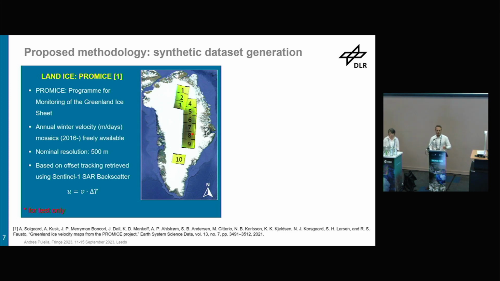Every year, the Technical University of Denmark provides these winter velocity maps with a nominal resolution of 500 meters, based on Sentinel-1 SAR offset tracking. They do a sort of cross-correlation, if I'm not mistaken. And this is the main synthetic dataset.